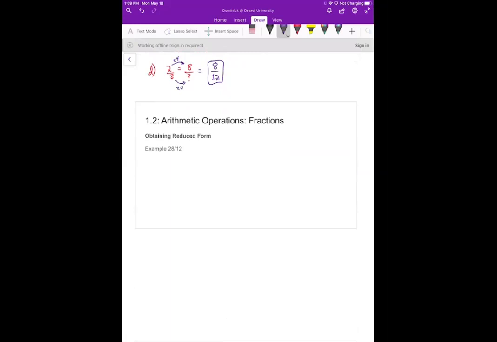So to obtain reduced form, you essentially divide the top and bottom by the same numbers until you can't anymore.